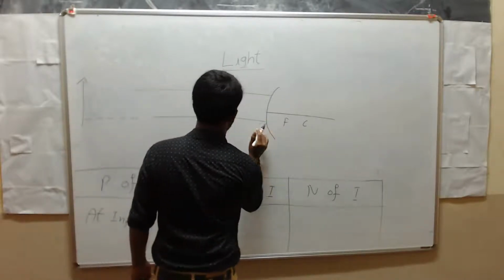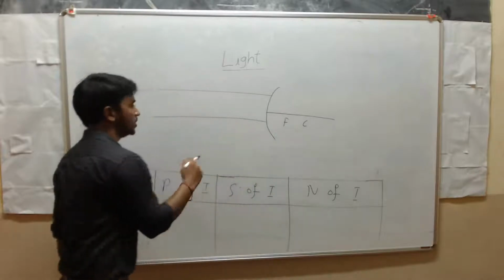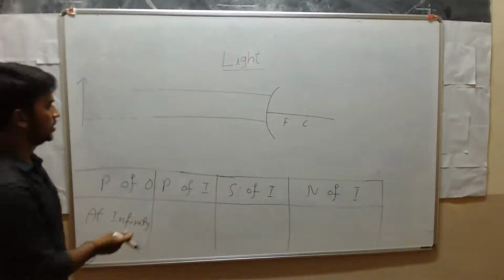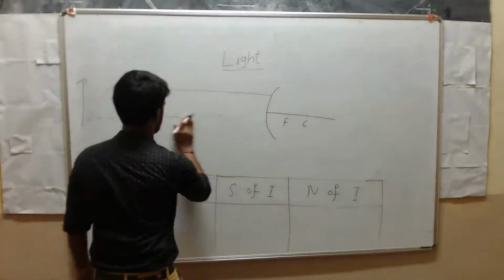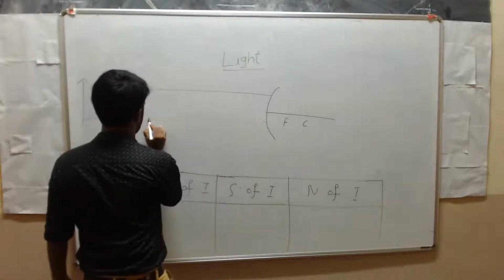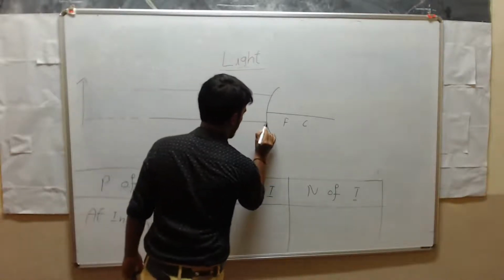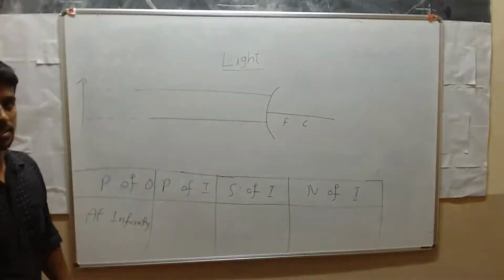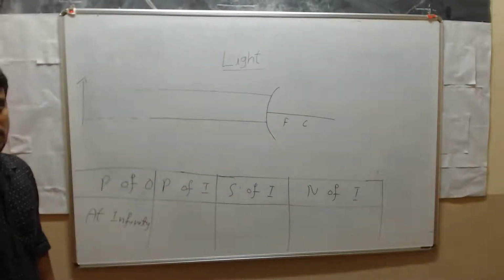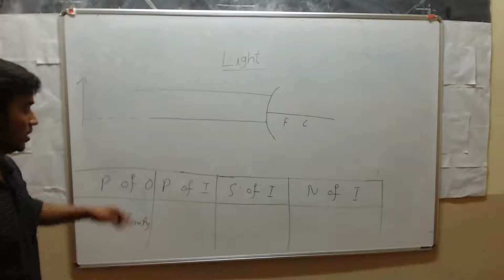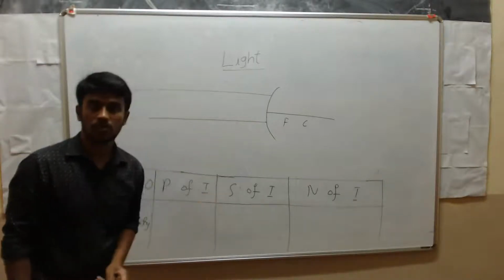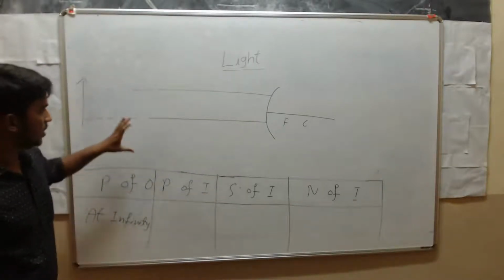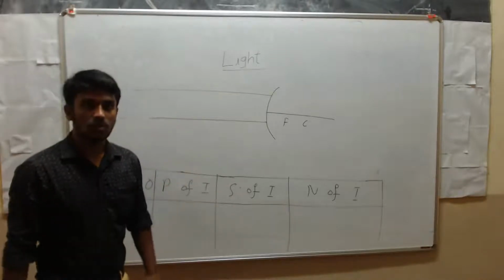Why? Because where two rays meet, at that point the remaining rays will meet. Now these two rays are parallel to the principal axis. After reflection, these rays pass through the principal focus.